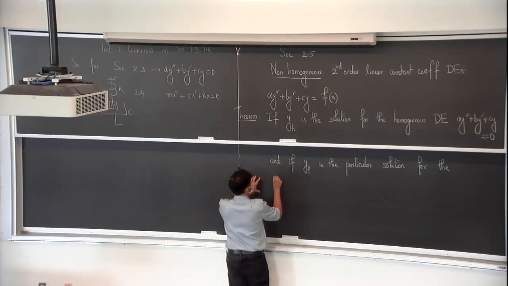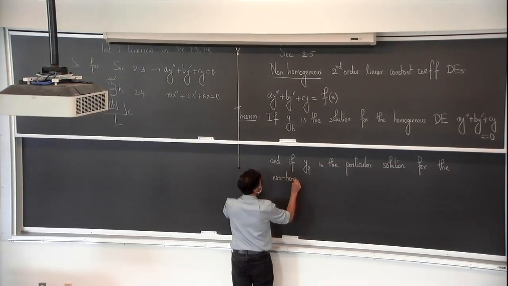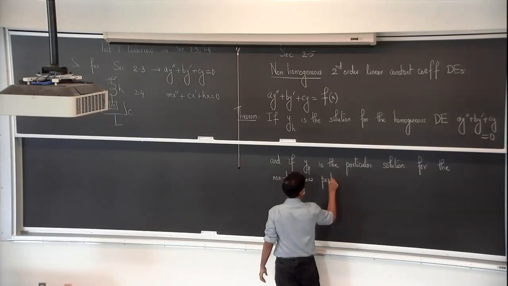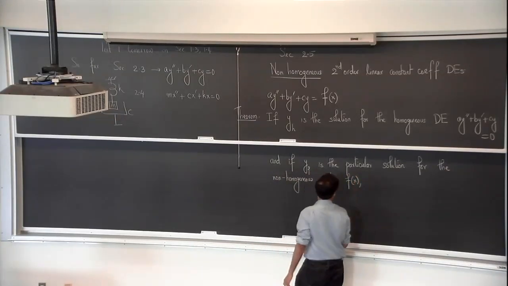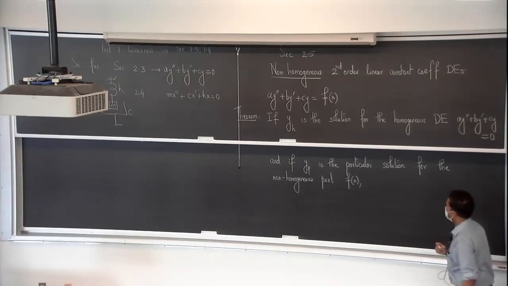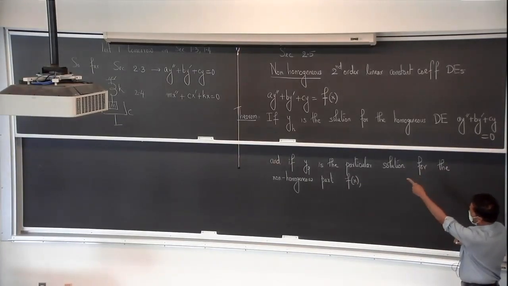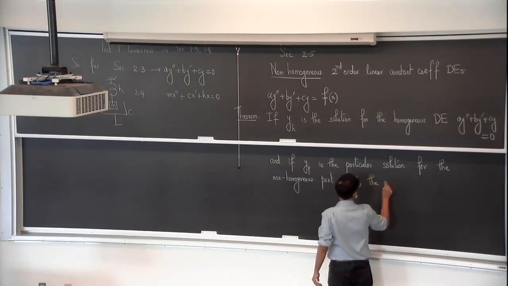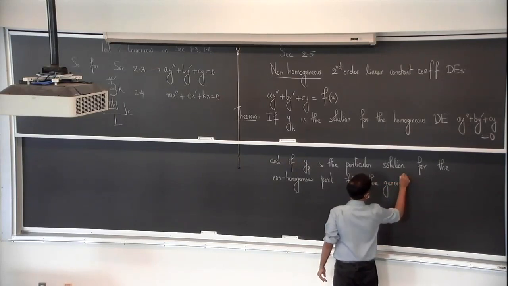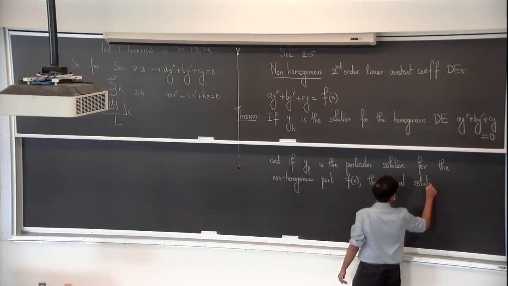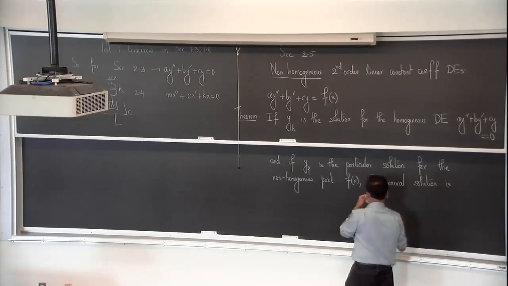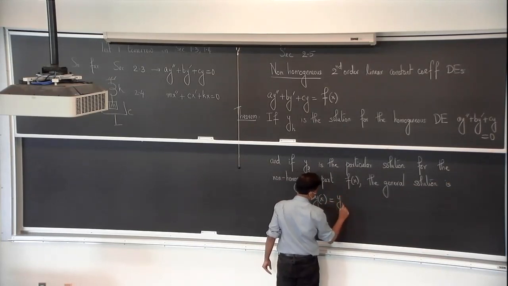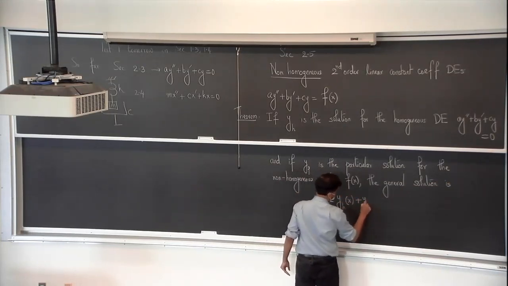then the general solution to this non-homogeneous equation I wrote up there is given by y of x equal to yh of x plus yp of x.